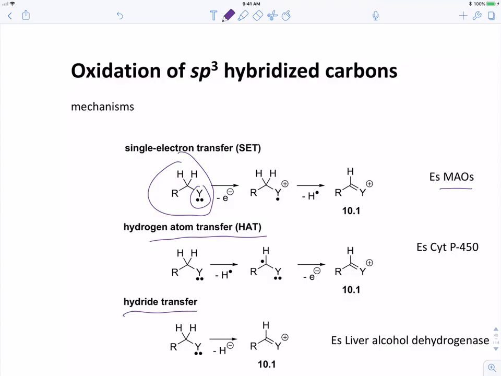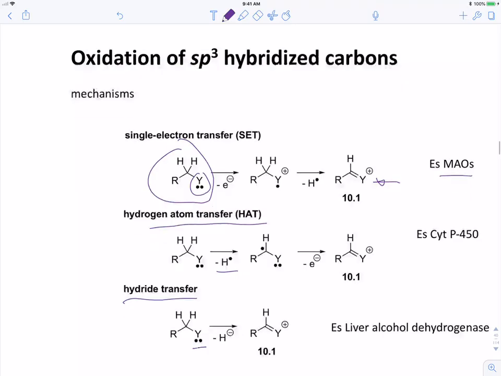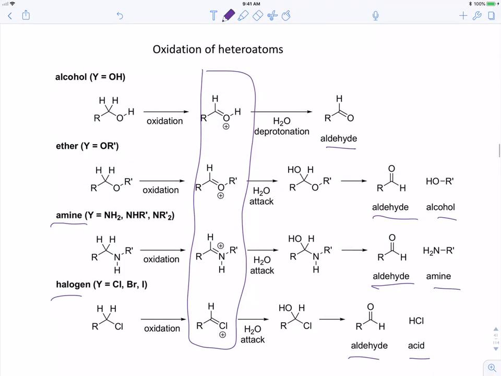We can either have a single electron transfer reaction leading to a radical intermediate and then to this adduct. We can have a hydrogen atom transfer, so the transfer of an atom of hydrogen with its single electron to form a radical intermediate once again, which then evolves to this intermediate. Or we can have a hydride transfer to yield directly this intermediate. Different enzymes will utilize different mechanisms, but as I said, they end up with the same type of reaction.